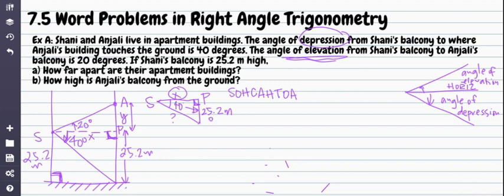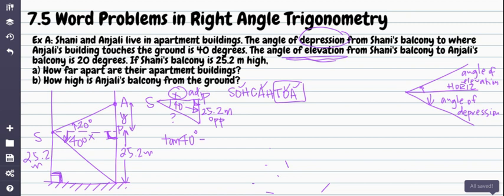I have the opposite. This one's the opposite. So I know the opposite, and I want to know the adjacent here and here. So you can see the only thing filled in is TOA, right? So I'm going to use tan 40 degrees. You'll notice I always write 40 degrees and not just 40.